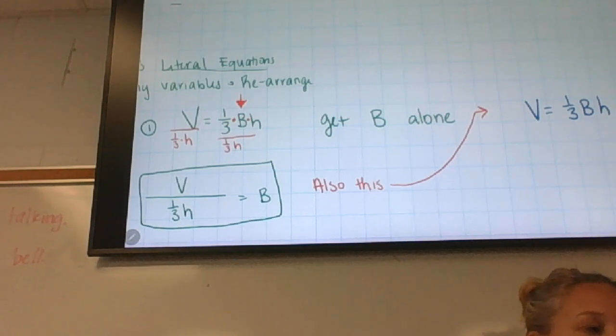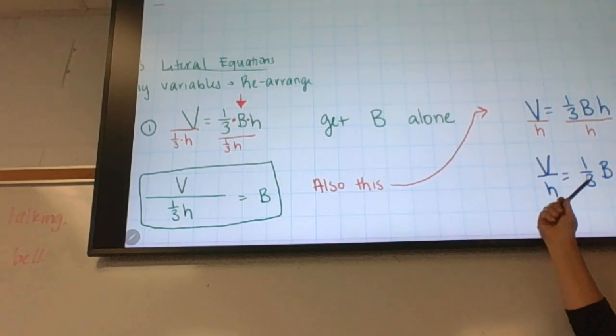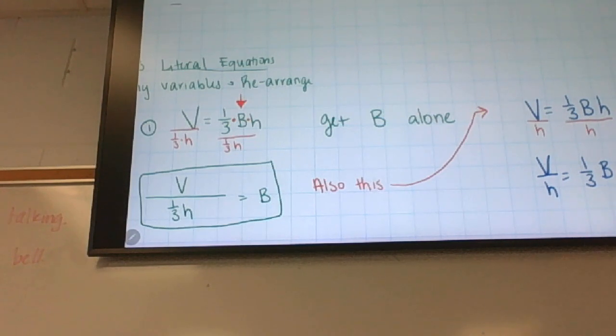You don't have to write it. If I started by dividing H, this would look like V over H is 1/3 B. Now to cancel a fraction out, we've practiced multiplying by a reciprocal. So I'm multiplying 3 over 1 on both sides.